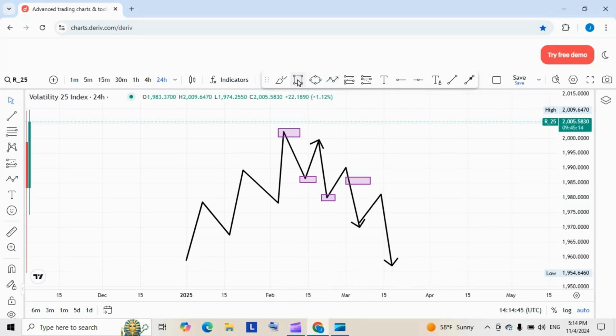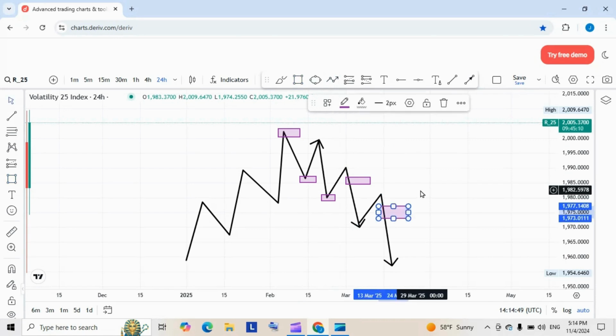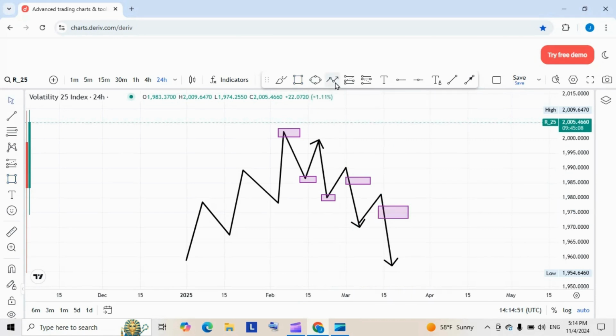Okay, they get the lower low. So the conservative trader wants to enter at this particular point, while the aggressive traders enter here. Hope you guys have understood this particular story. That is what we mean by change of character.